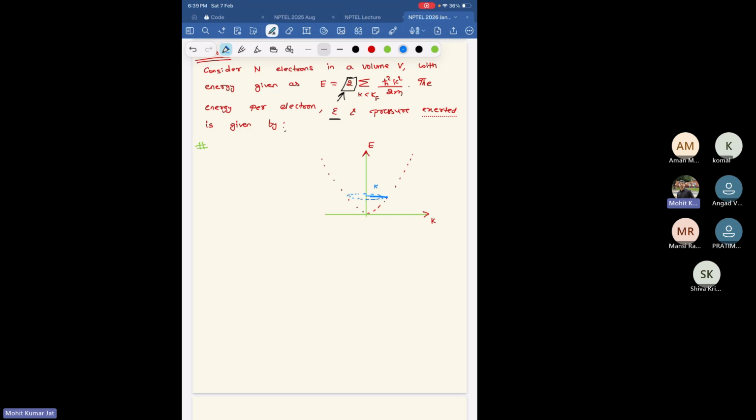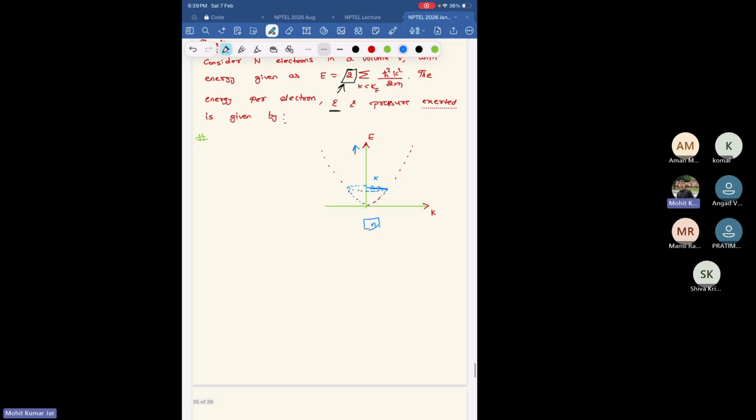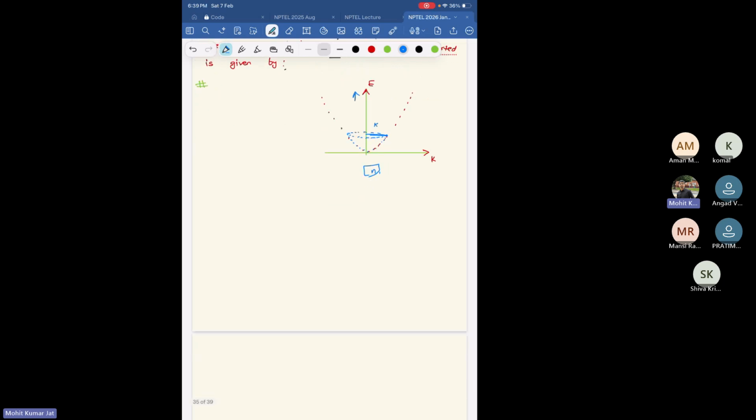But along with the energy, there is one more thing in terms of which you can write this solution, which is the number density. Either you can count the energy, this y-axis scale which is moving upside, or you can count the number of electrons per unit volume which are occupied, and that is essentially n, your number density. And this relation between the number density and the wave vector k, I'll be deriving.